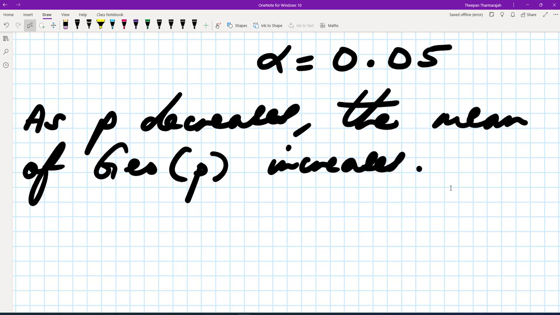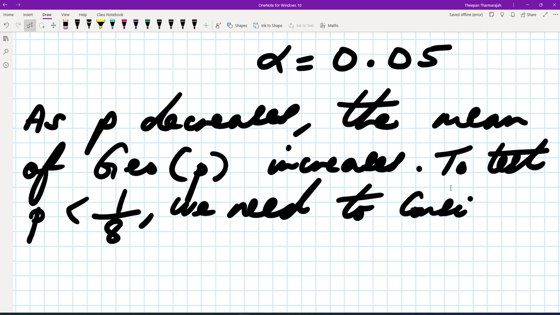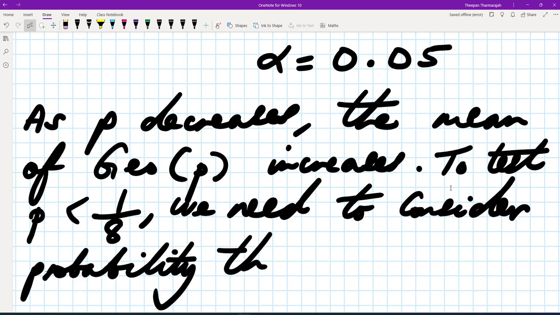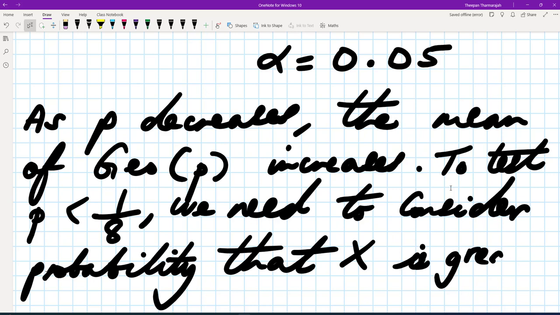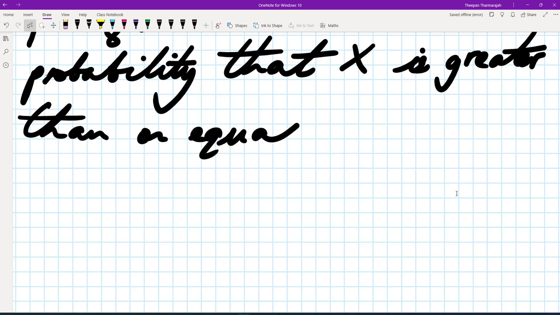And then we state, to test P is less than an eighth, we need to consider the probability that X is greater than or equal to the observed value.